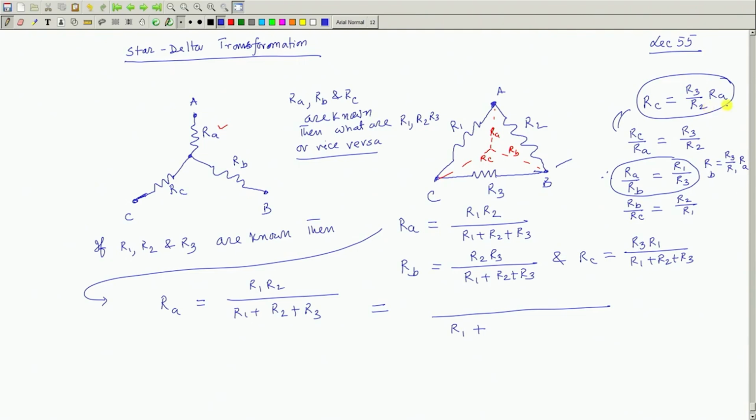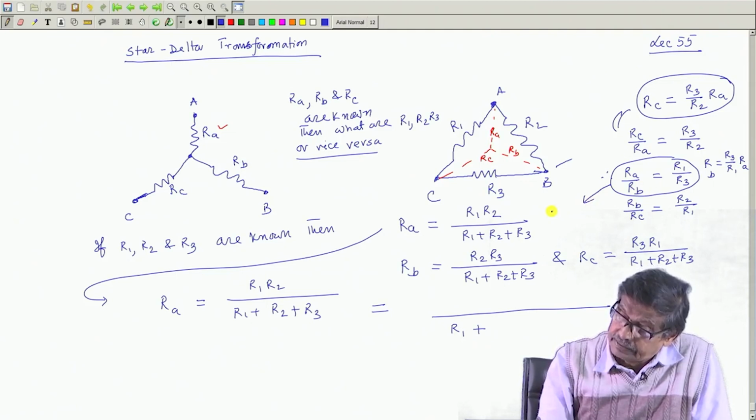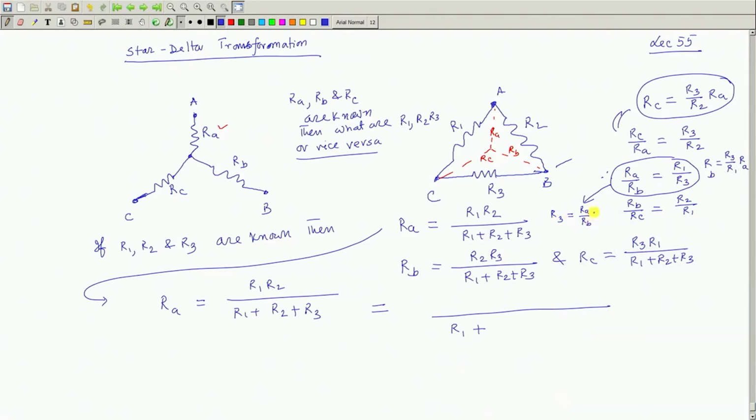Let me write these ratios very clearly, that is, we have got these ratios. RC is equal to R3 by R2 into RA. Therefore, and another important ratio is this one. Therefore, for example, from this I express R3 in terms of RA by RB into R1. I can write it like this.